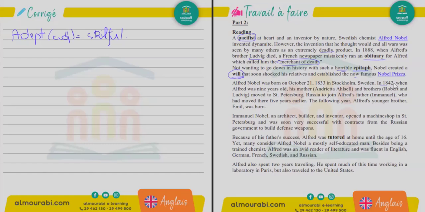The following year, Alfred's younger brother, Emil, was born.